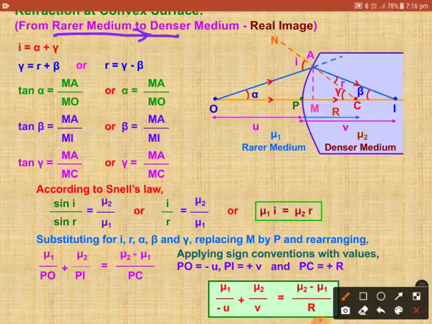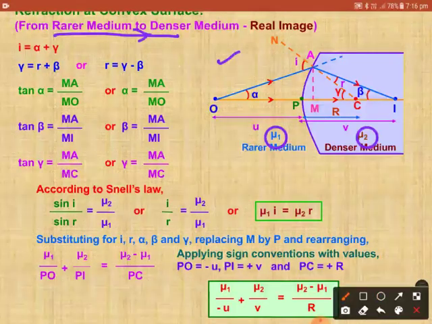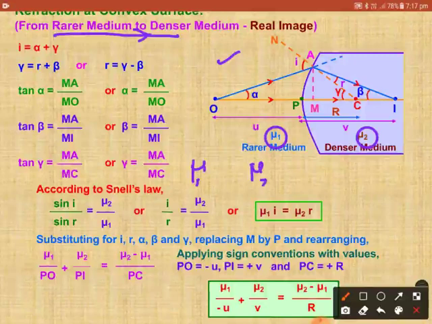This is your rarer medium, whose refractive index is mu1, and the light goes to the denser medium having refractive index mu2. So first you take the refractive index of the medium from where the light goes first, from mu1 to mu2.